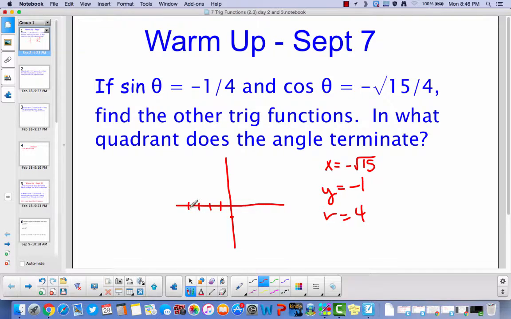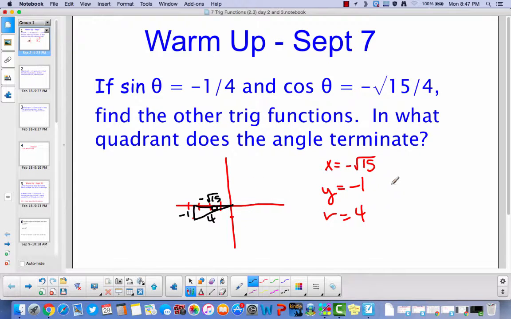So we're going to go out to the negative square root of 15 and down negative 1. So here's our triangle. Negative square root of 15, negative 1, and there's our 4.